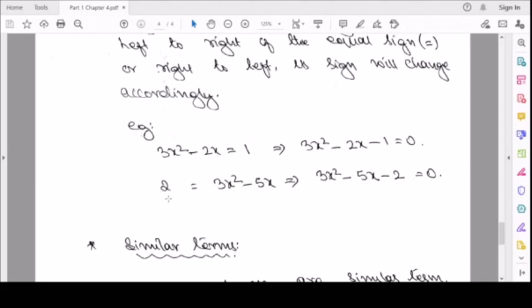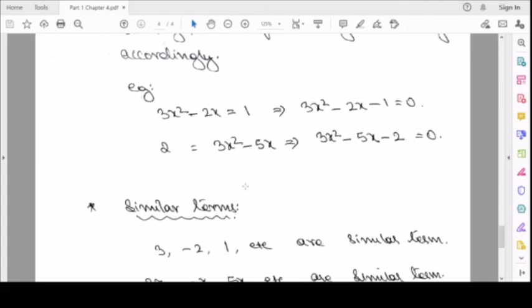But if you do it this way, if you take this 2 on the left to the right, you just change the sign of 2 to minus 2, and then the whole equation, you just interchange the places. That will be looking good.